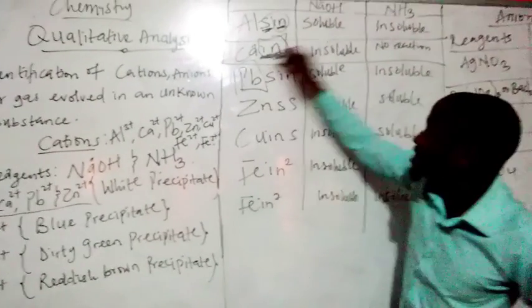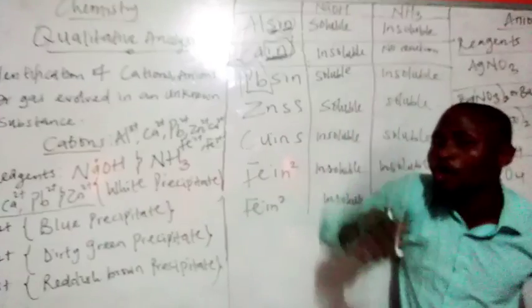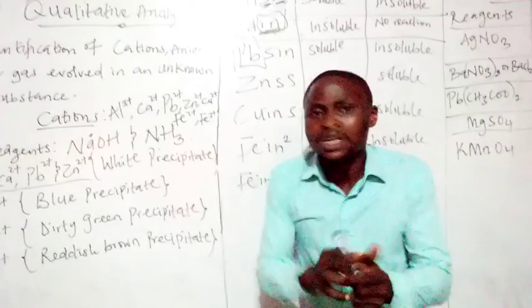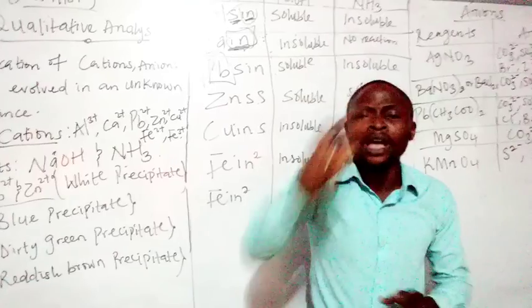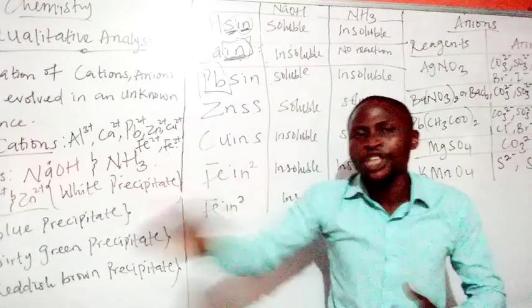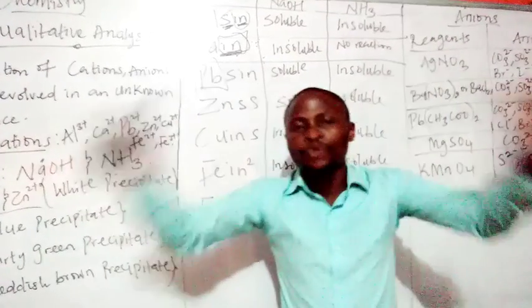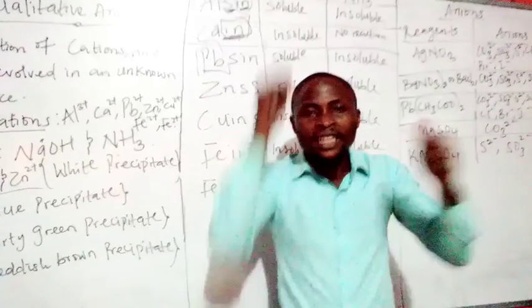You will discover that this one will have no reaction under excess ammonia. So you may be asked under number 3 how do you differentiate any of these cations using any reagent, or you can be asked to describe one chemical test to differentiate or identify the following cations. So far you can memorize this, you can easily recall how to identify the cations.